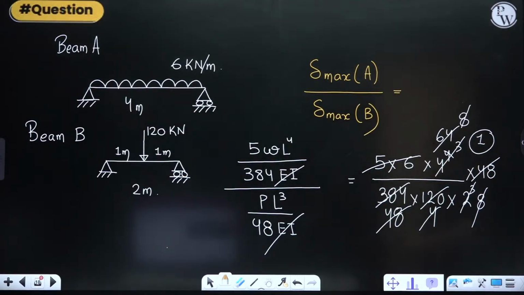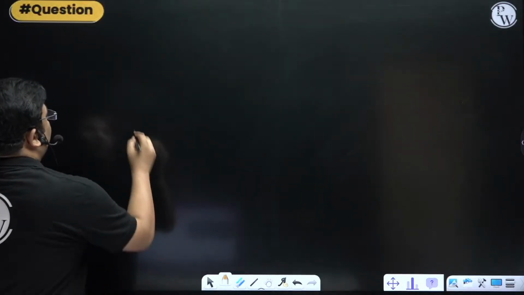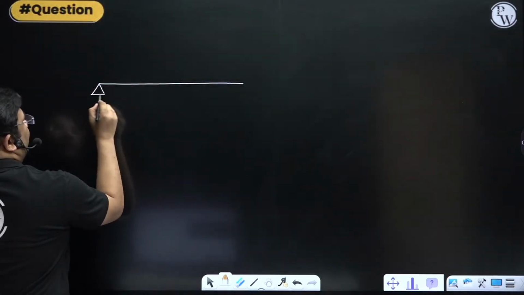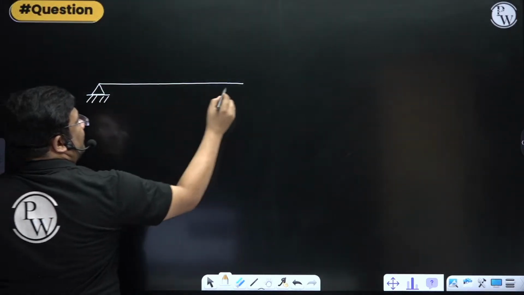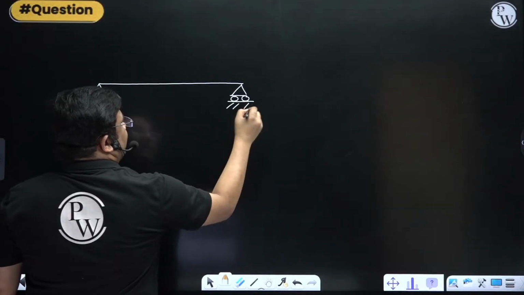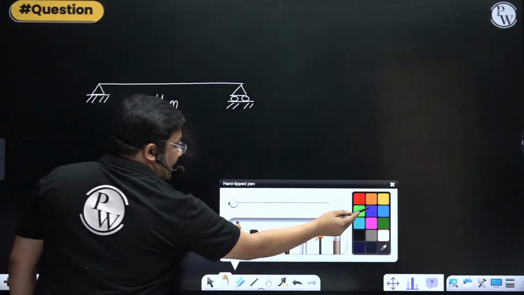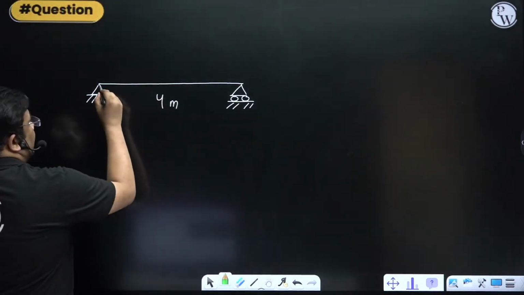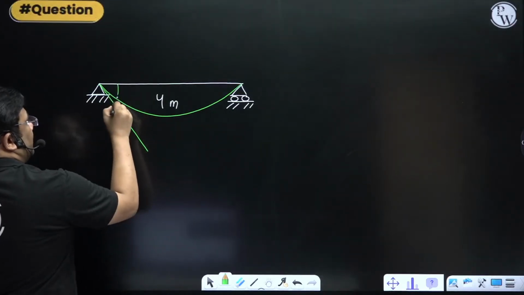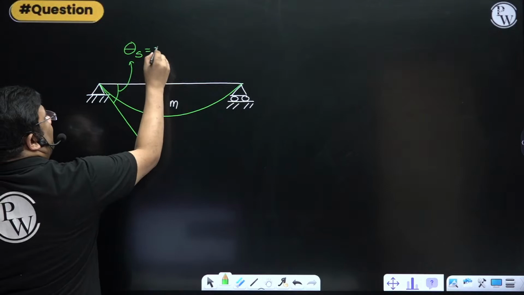Another type of question which they ask in the examination. We have a simply supported beam whose length is 4 meter. And the slope at the supports is given as 1 degree.